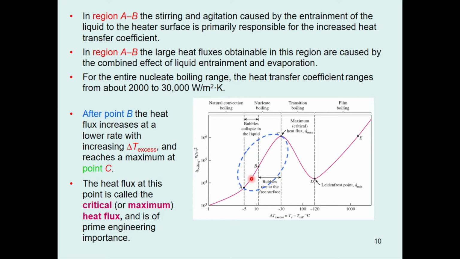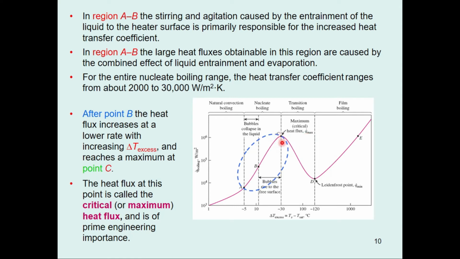So ultimately, the boiling heat flux reaches the maximum value, which is represented by this point C. At this point, the boiling heat flux has the maximum value, and this is also called the critical heat flux, and it is also known as the Q max, right?